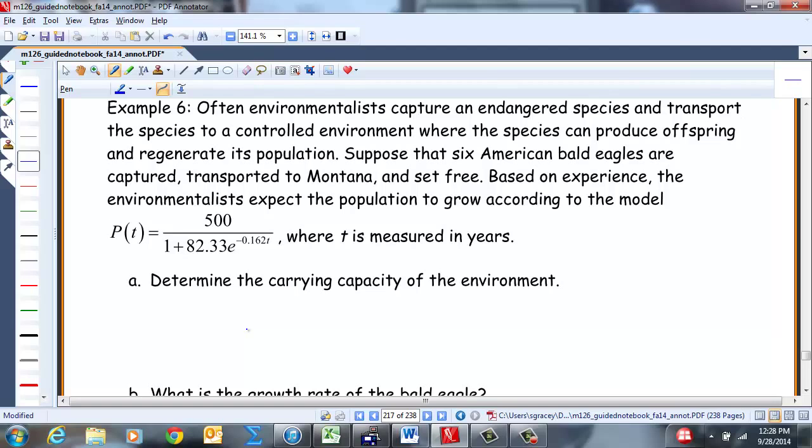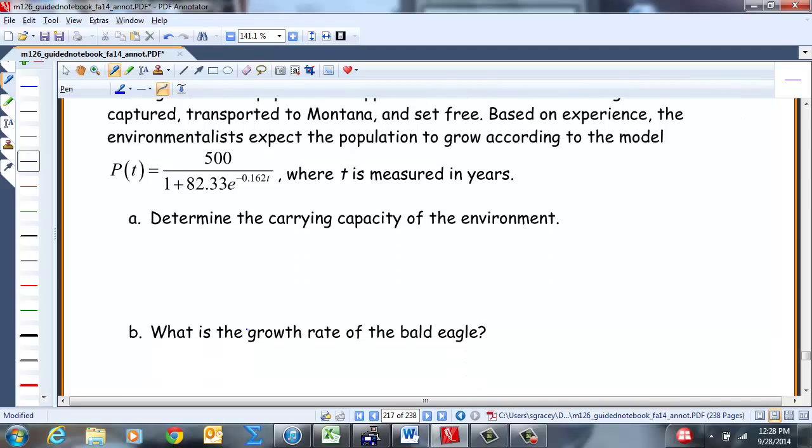So determine the carrying capacity of the environment, right? Well, in calculus, we're going to take a look at what happens as T approaches infinity, as time approaches infinity. So what do you think? Look at this one here. As T approaches infinity, what's going to happen to that exponential? Isn't it going to get very, very small, very close to zero because of the negative coefficient?